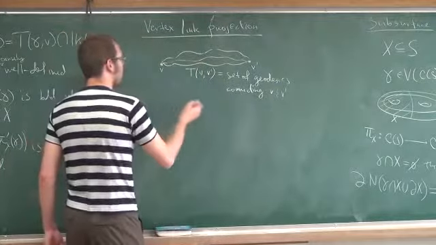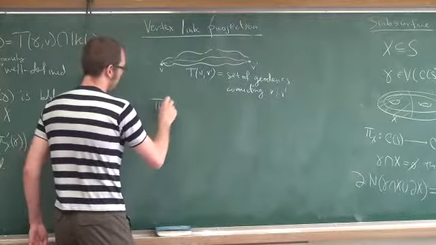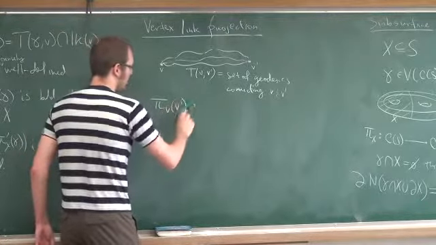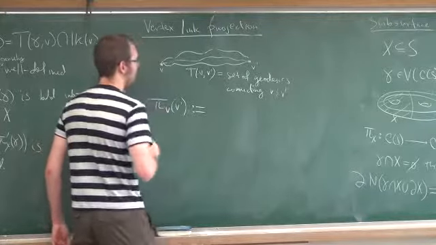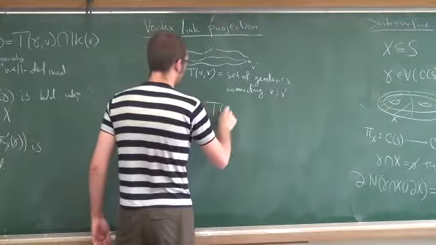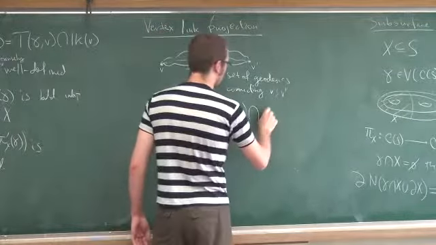And so the vertex link projection of v prime onto v is defined to be the intersection of T_v' with the link of v.